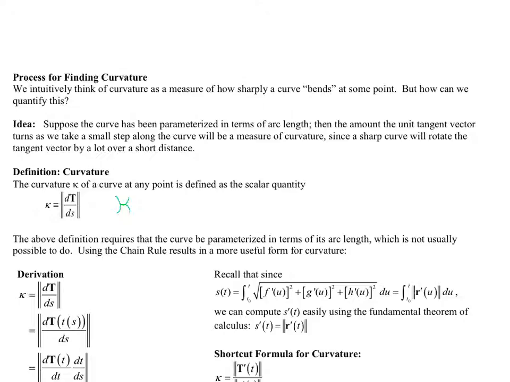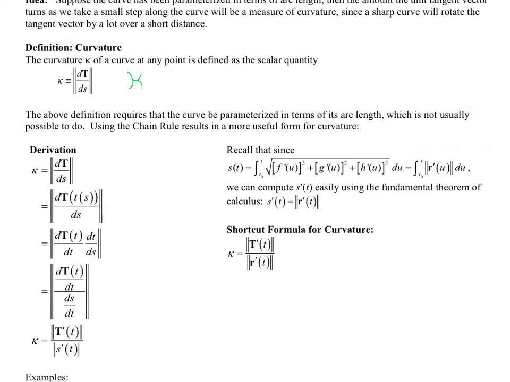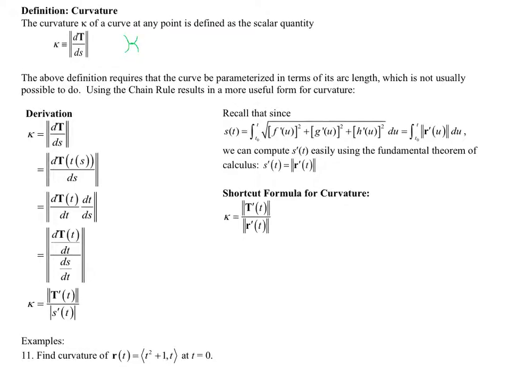But if you follow this derivation, and you're not going to be responsible for this one because it's too much of a pain, the derivation ends up giving us the derivative of the unit tangent vector over the derivative of the arc length.